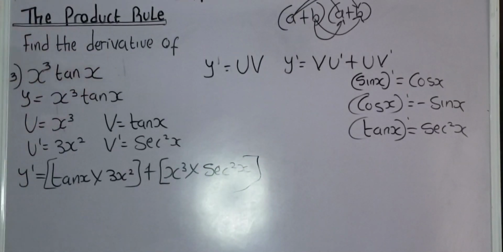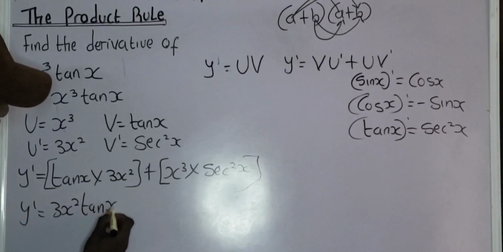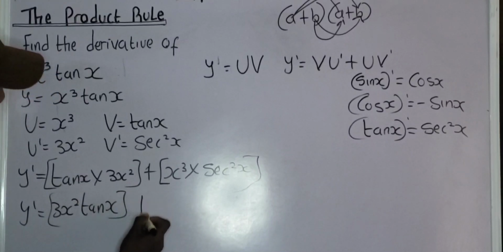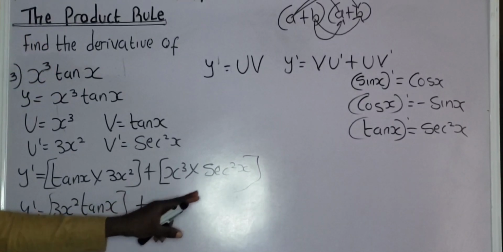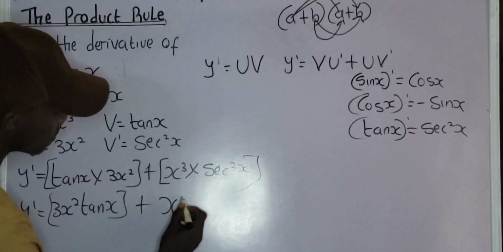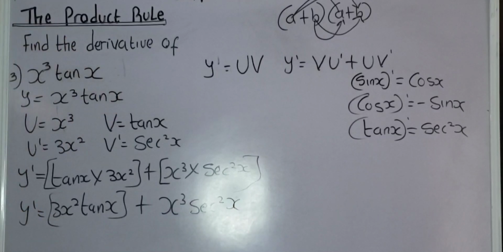Do you understand? So the derivative of y is equals to tan x multiplied by 3x squared, that is 3x squared tan x. There is no need of putting brackets, okay? Plus x raised to the power of 3 multiplied by sec square x, that is x raised to the power of 3 sec square x. Do you understand? So now, is there anything that we can factorize?